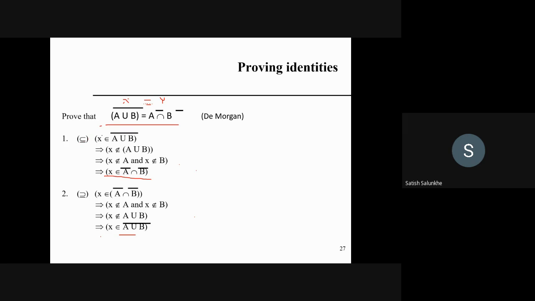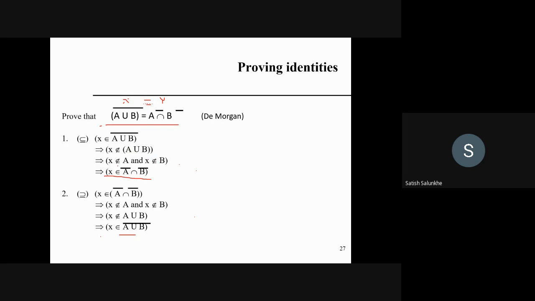So X is a subset of X. So what does it mean? X belongs to set A union B complement. It implies X does not belong to A union B. When it belongs to A union B complement, it means X does not belong to A union B. It means X does not belong to A and X does not belong to B.